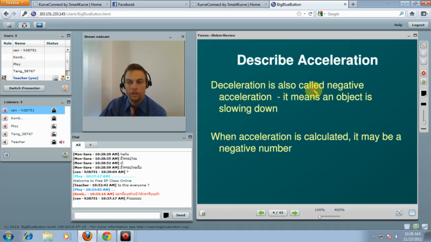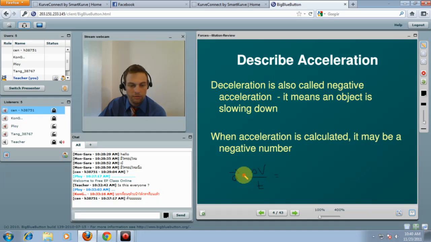So deceleration. We know that acceleration is change in velocity over time. Again, this triangle right here just means change. So what's change in velocity?